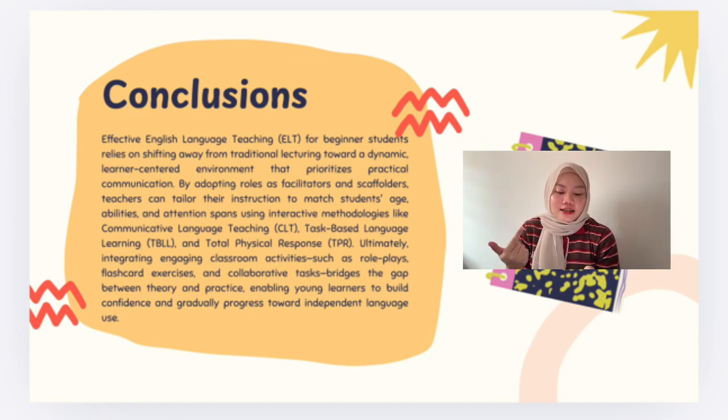Ultimately, integrating engaging classroom activities such as role plays, flashcard exercises, and collaborative tasks bridges the gap between theory and practice, enabling young learners to build confidence and gradually progress towards independent language use. So that's all from us. Thank you.